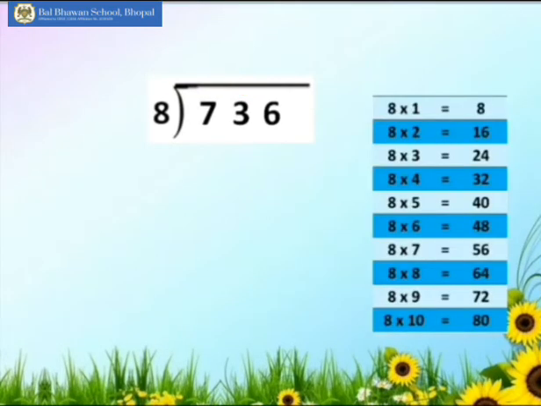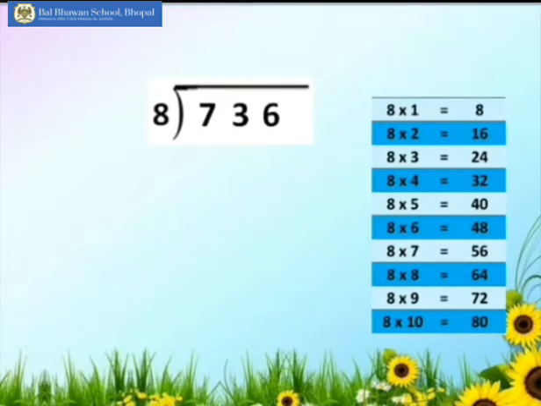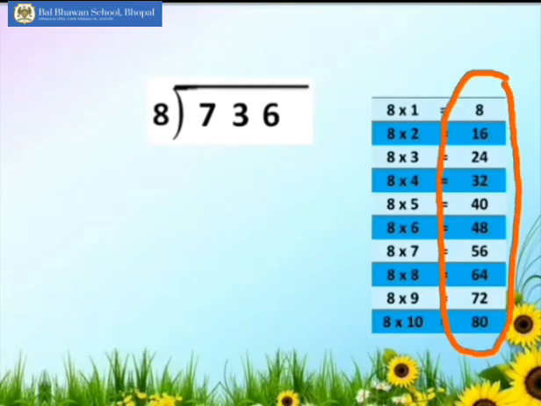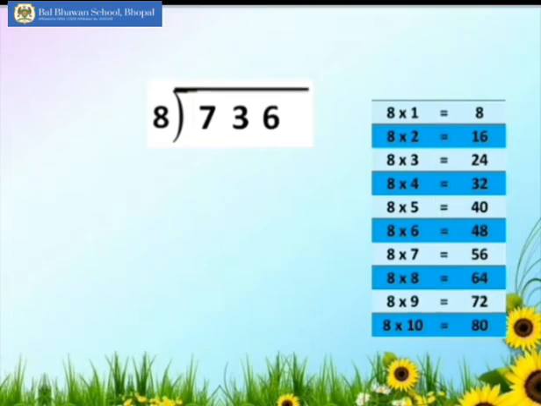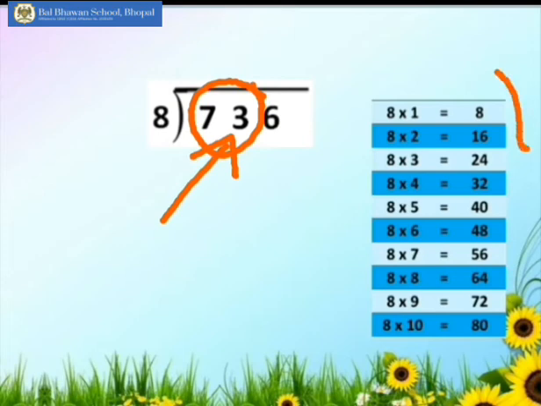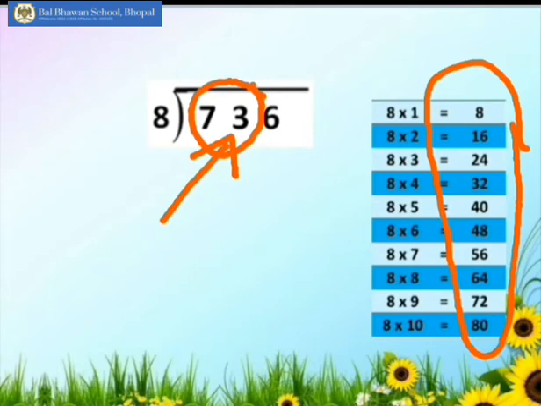Children, now let us search 73 in the table of 8. Children, as we can see here, 73 doesn't come in the table of 8. Then what will we do? In that case, we will look for a number that is less than 73, but the number should be nearest to 73 also.